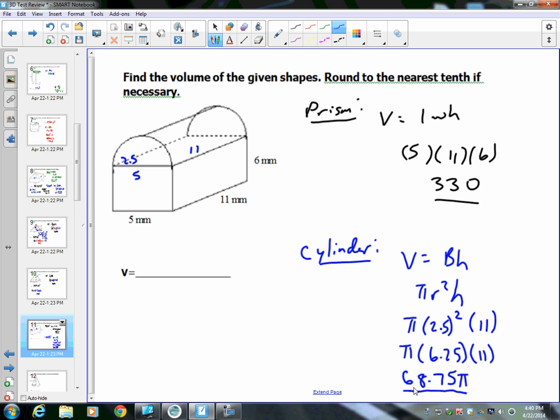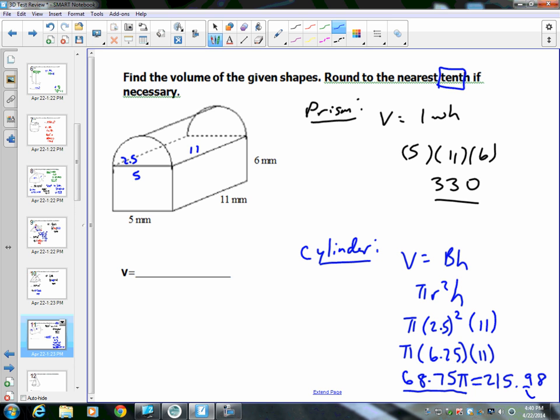So we're going to go ahead and put this in the calculator, and multiply 68.75 times pi. We end up getting a pretty long decimal, but we're going to go ahead and round it so we get 215.98. If it says up at the top to round to the nearest tenth, then we need to look at the 9.